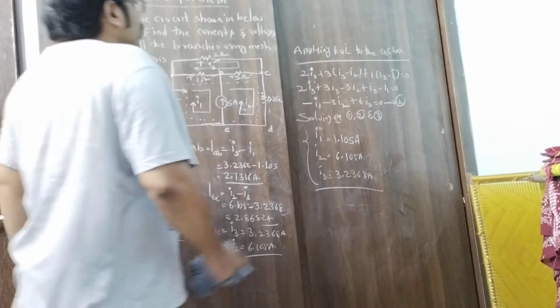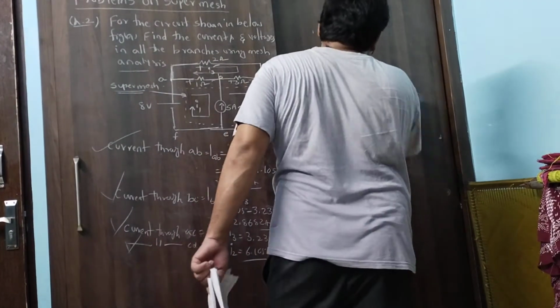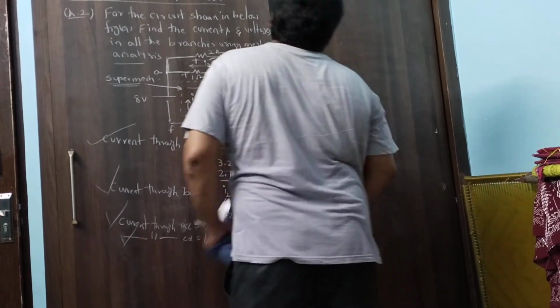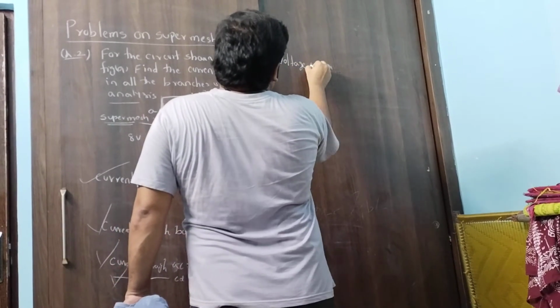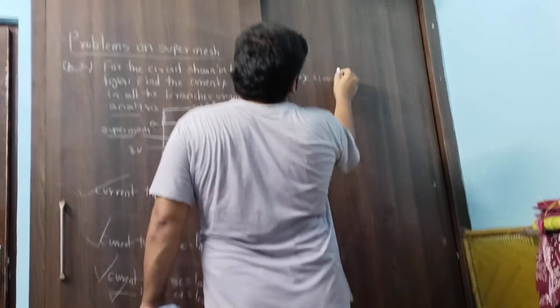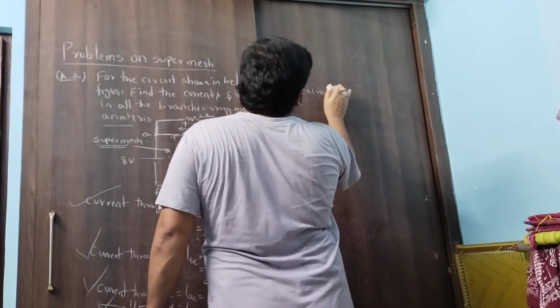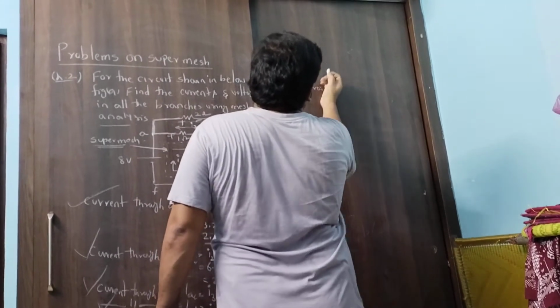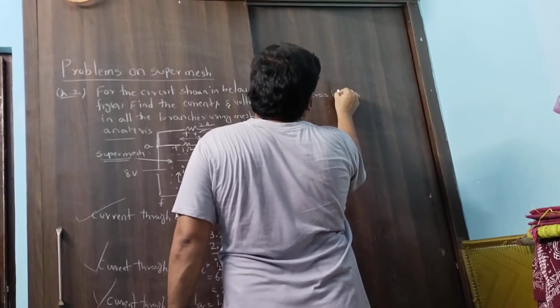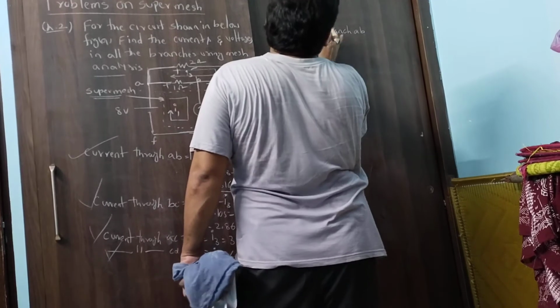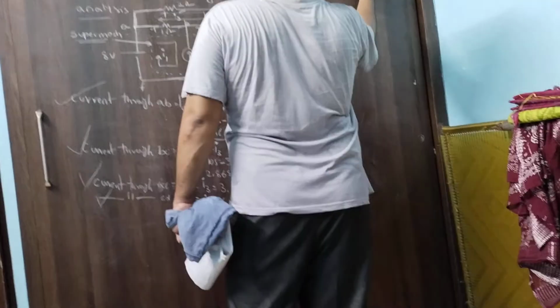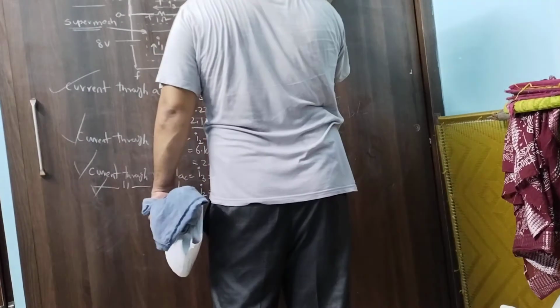Now what you need to find out? Voltage across branch AB. So voltage across the branch AB is nothing but VAB.